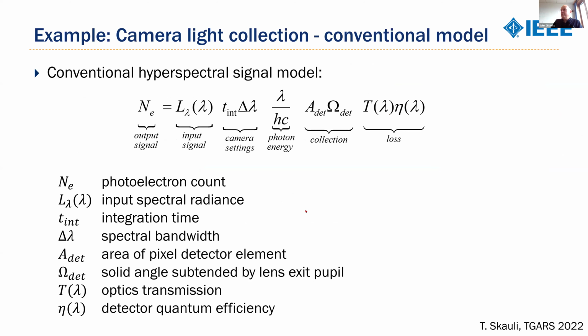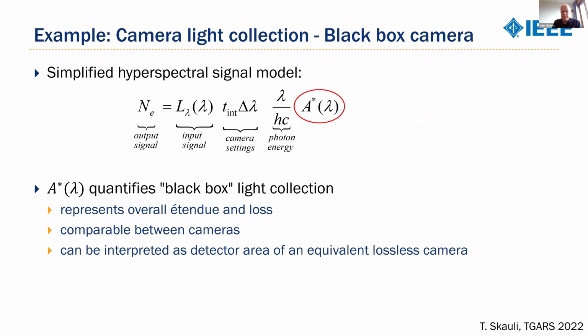So here is our signal model, and we note that these quantities here are inside the black box. So this is the first of several examples of our approach here, because it turns out after a lot of thinking that we can, and we have to, replace these by a single number, because they act as a product looking from outside the black box.